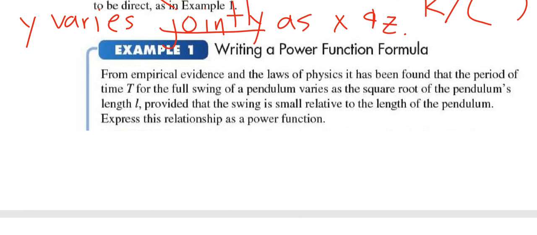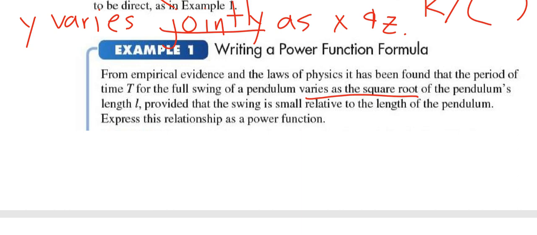Example 1, writing a power function formula from empirical evidence in the laws of physics. It has been found that the period of time for the full swing of a pendulum varies. Now, I will never do this to you. I think this is crap. In this book, they say if they don't have a word in there like direct or inverse, it is assumed to be direct.